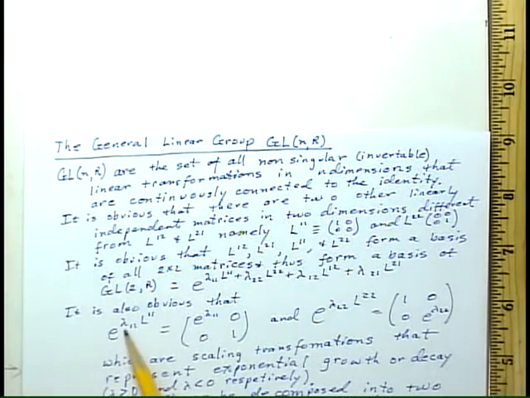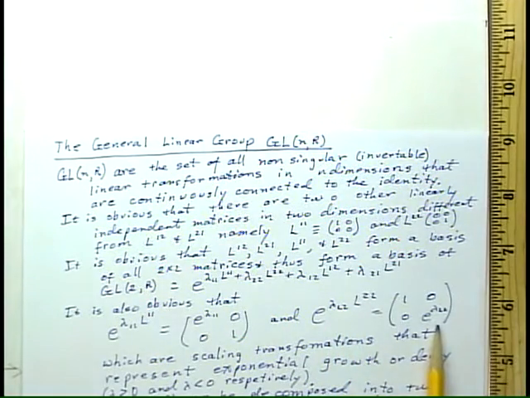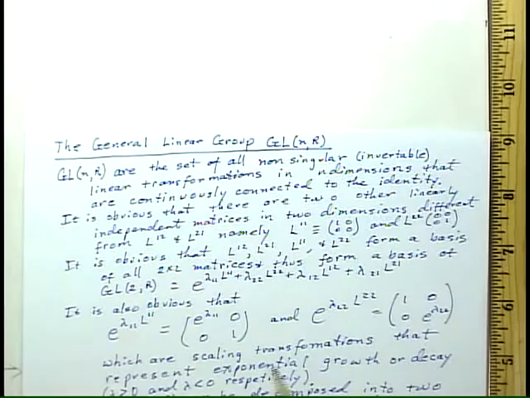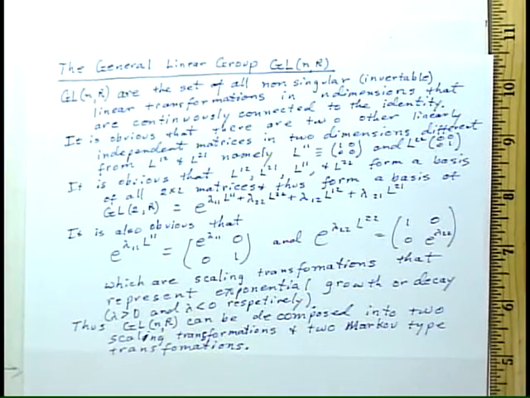Obviously, e to the lambda 11 L11 can be re-expressed in this form right here. And likewise, e to the lambda 22 L22, this right here. These transformations are what we call scaling transformations, in that they represent exponential growth or decay depending upon whether lambda is greater than 0 or less than 0 respectively.